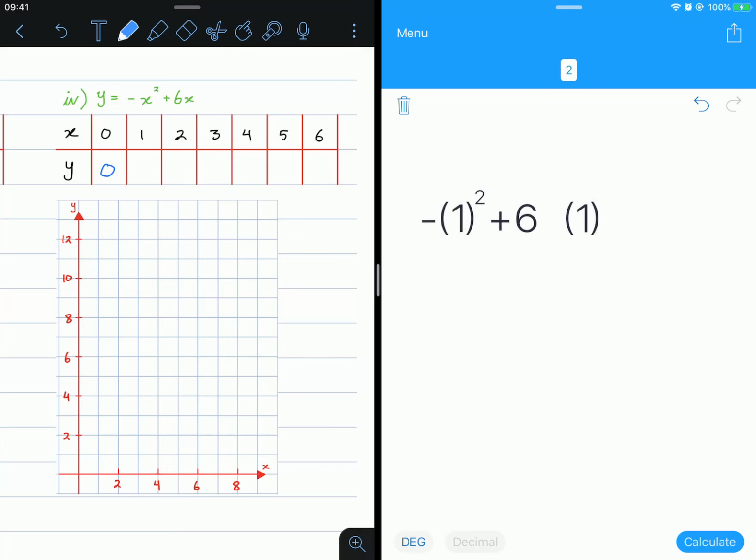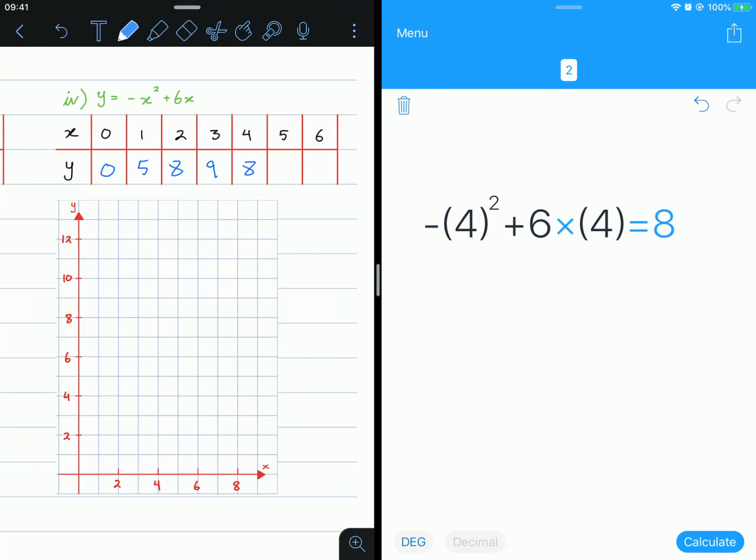Substituting 1, 5, substituting 2, we get again, 2 squared plus 6 times 2, 8, substituting 3, 9, substituting 4, we get 8 again.